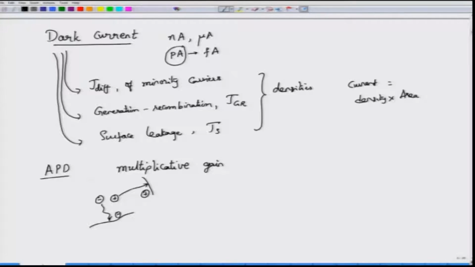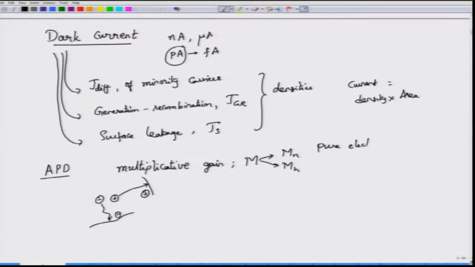This multiplicative gain is denoted by the parameter M, and this M in turn consists of the multiplicative gain because of the electrons alone and the multiplicative gain because of the holes alone. These factors Mn and Mh can be obtained from some theoretical analysis, which is very difficult to do in this course, so we are not going to look at that.